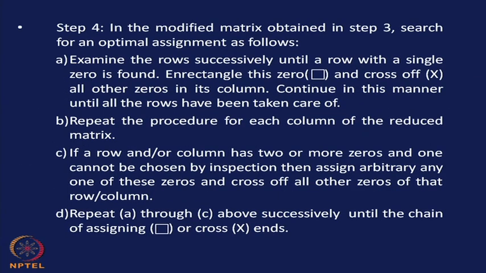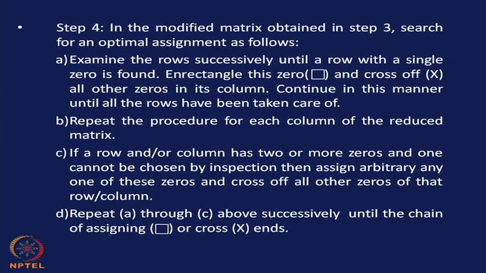The next step is step 4. In the modified matrix obtained in step 3, search for the optimal assignment as follows. Examine the rows successively, that means first check row 1, then row 2, like this, until a row with a single 0 is found. That means you check the rows, and if you find a row which has only one 0, then put that 0 in a rectangular box, and in the corresponding column, if any 0 is there, then cross it.